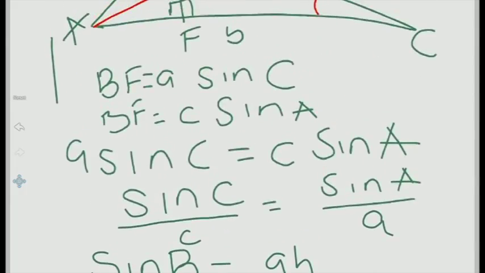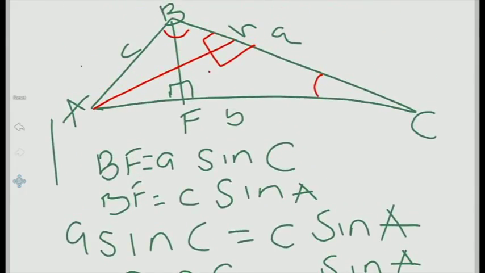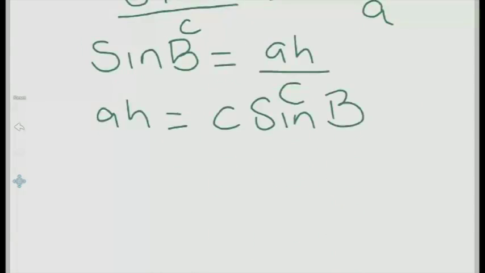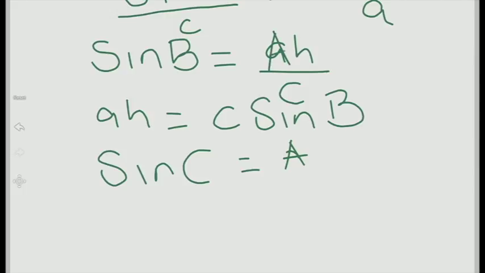We go back to our diagram again. We use angle C now. The sine of C is the opposite AH over B. So which means now we have sine C is equals to AH over side B. This is the capital letters AH.